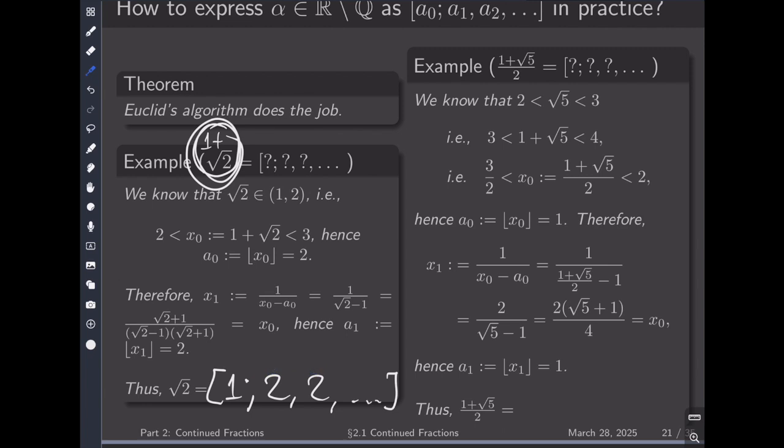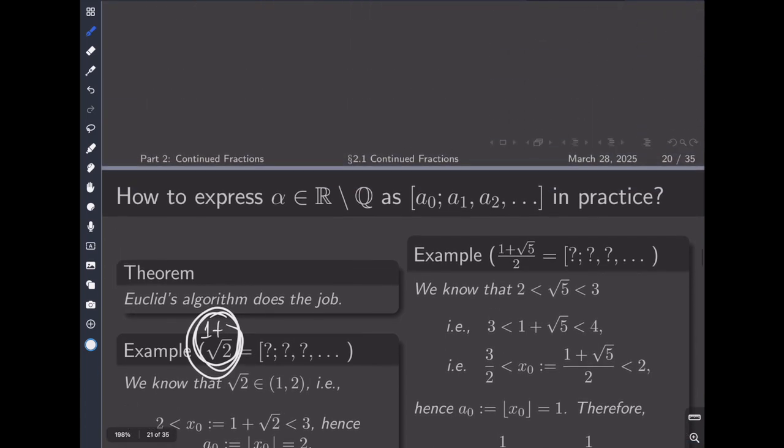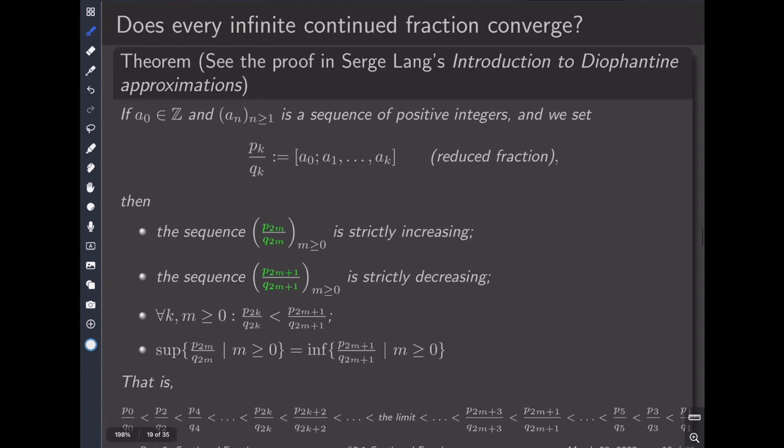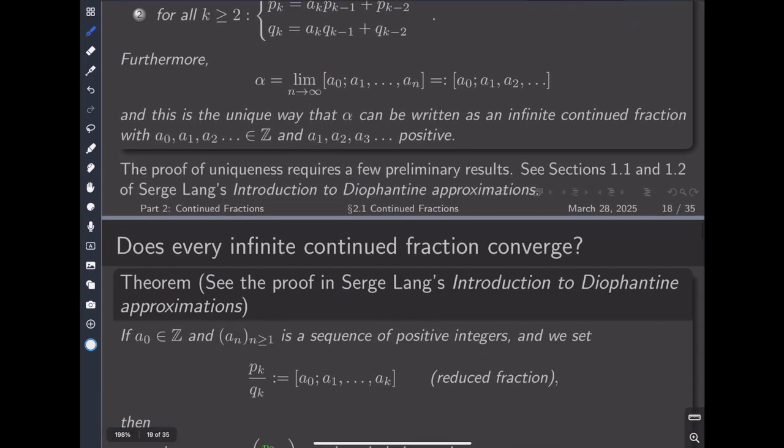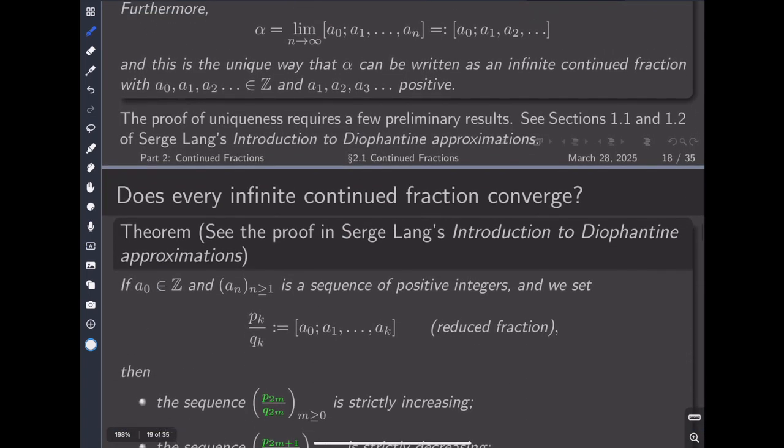And then for the golden ratio. So something that I didn't discuss is that every infinite continued fraction converges to a real number.